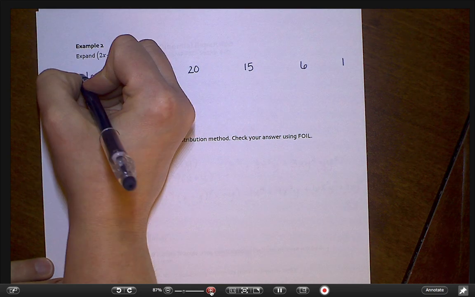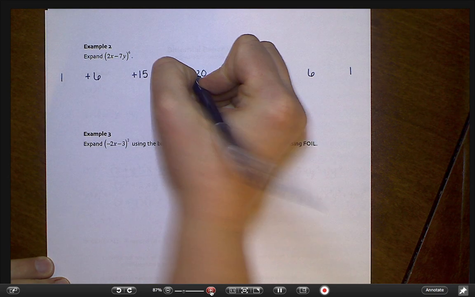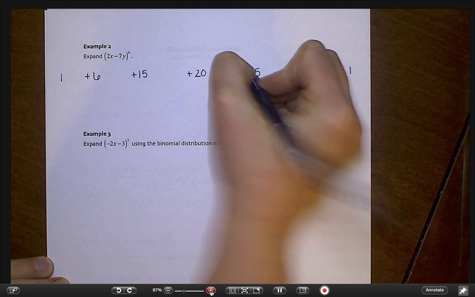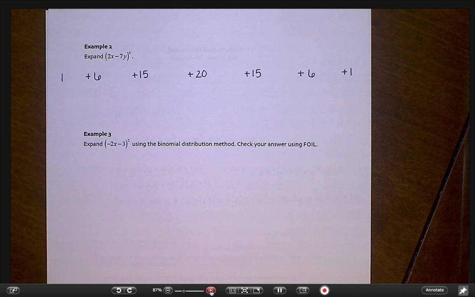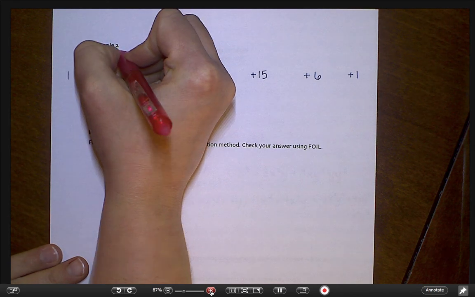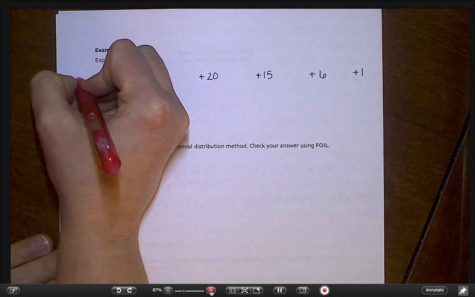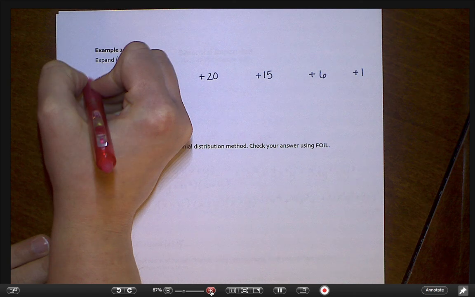I'm going to put my plus signs before each one of these. Again, that just helps me tell apart my terms when I'm going to put them back together at the end. And now I'm going to take this first term, which is a 2x, and remember that is going in descending order.